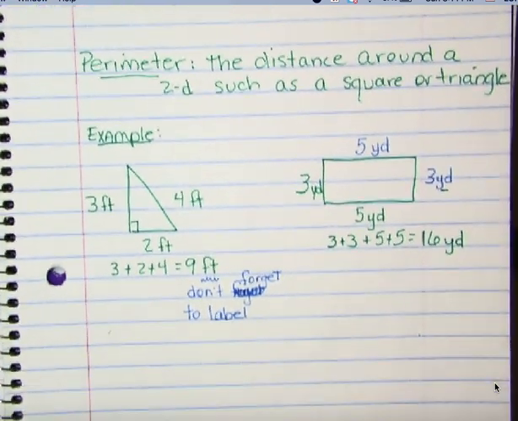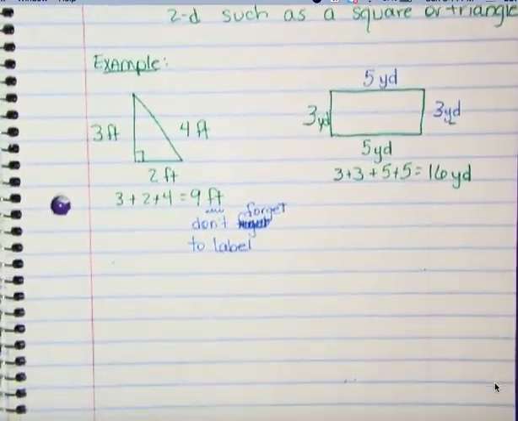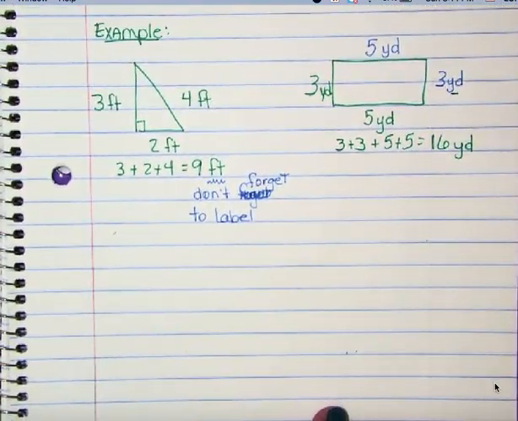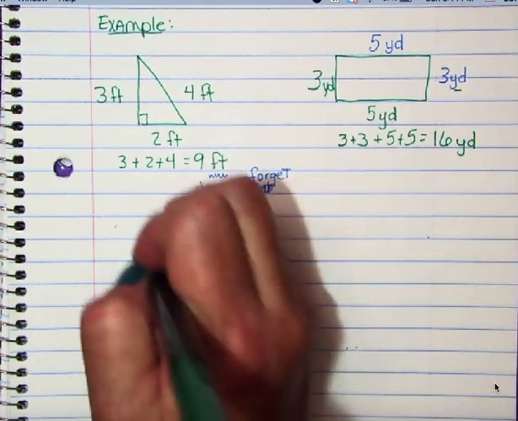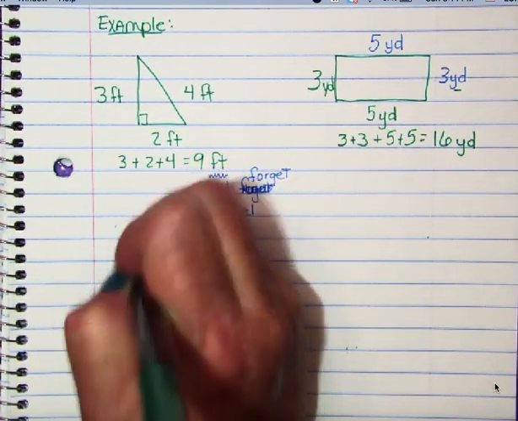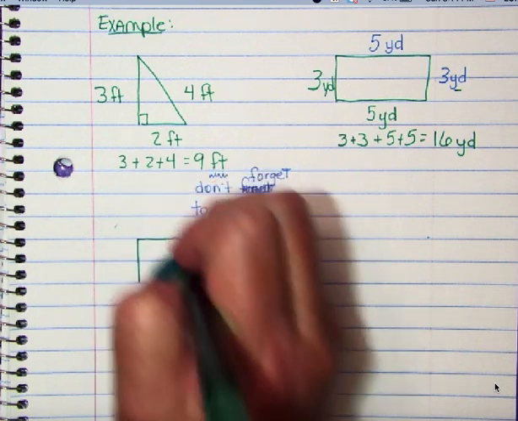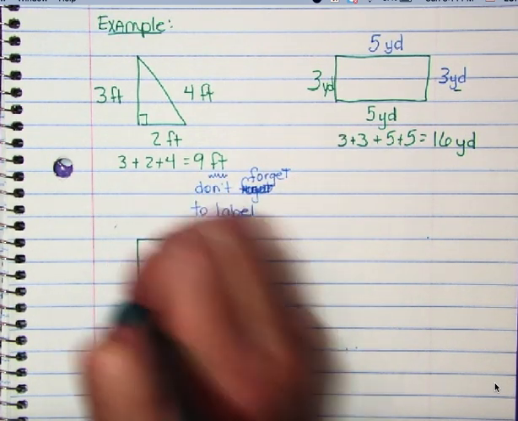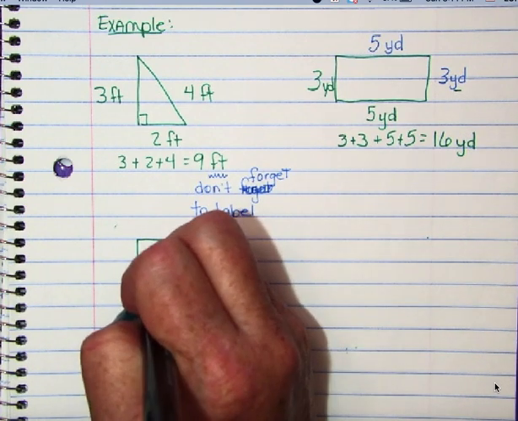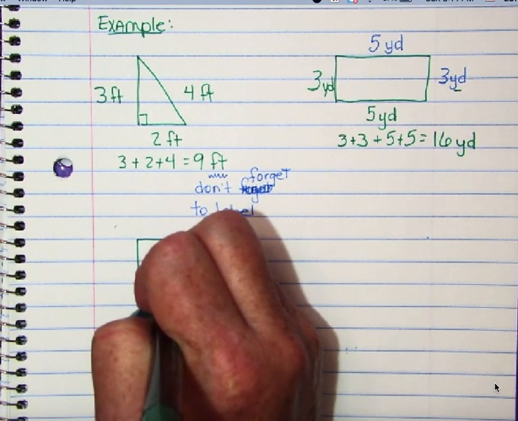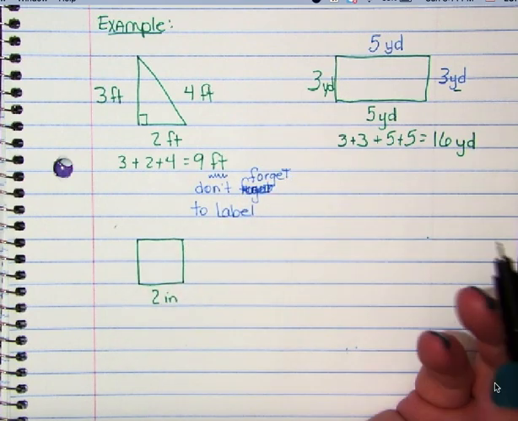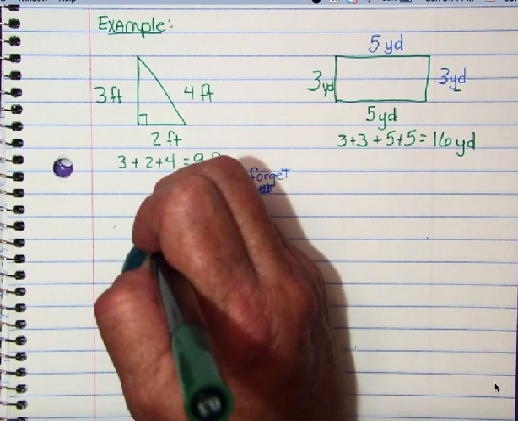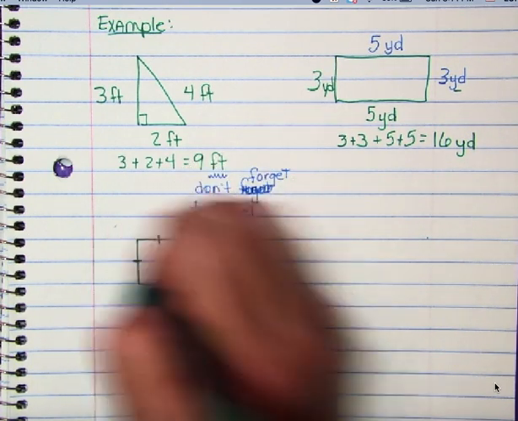One more example of something that sometimes you will see is a square. Nice, neat little square. And we're going to say it is 2 inches. And sometimes when you have a square, you'll see these little lines.